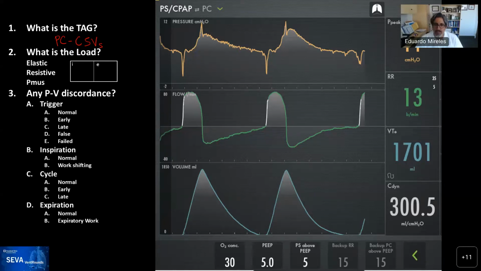If the patient didn't have an endotracheal tube and was breathing like this, you probably wouldn't do anything. You'd just look at the patient and say, okay, sleeping, let him be. But because we have the ability to monitor and see the values, you sometimes start doing actions.